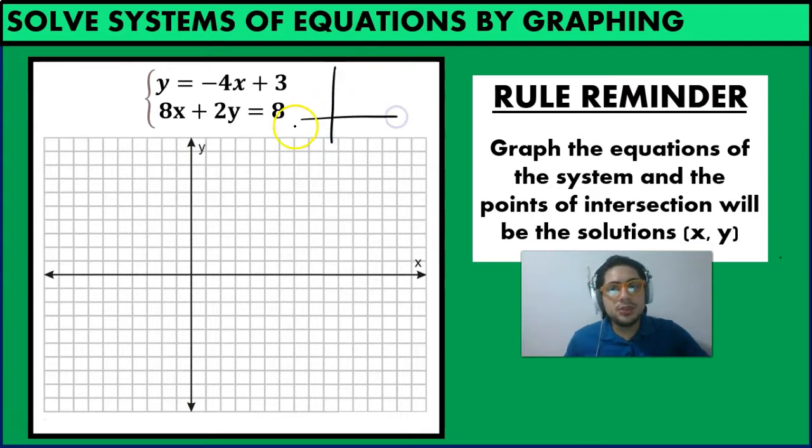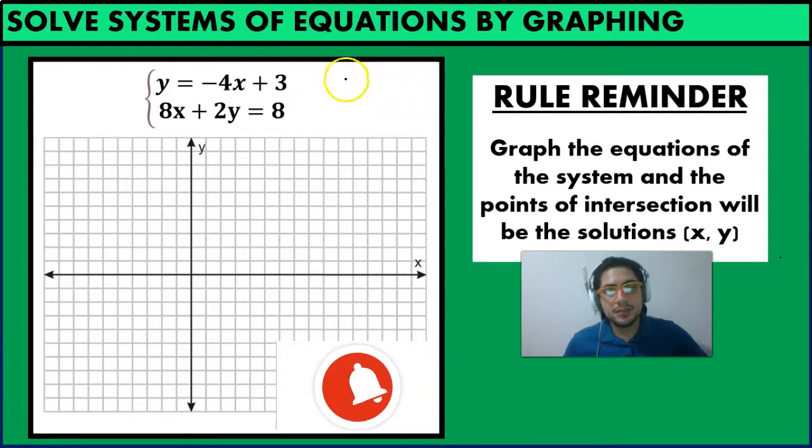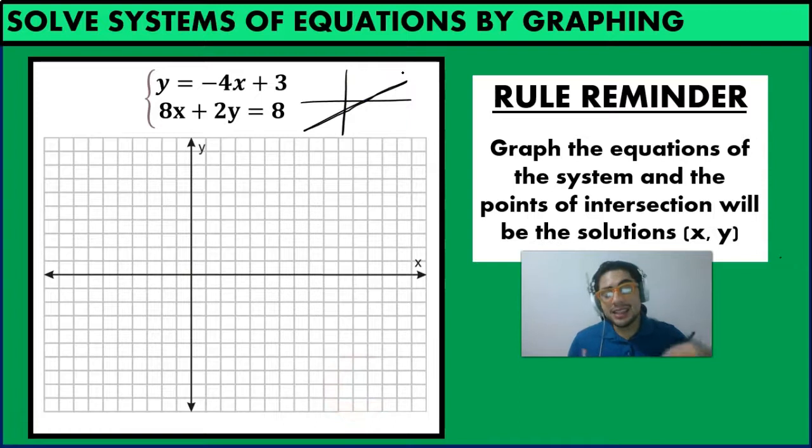Now, when the graphs do not touch, then that means that we're going to have no solutions because there is no intersection. And whenever we graph and we get exactly the same line, then that means that it is the same equation expressed differently, and the amount of solutions is going to be an infinite number of solutions.